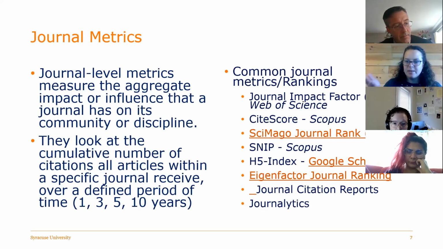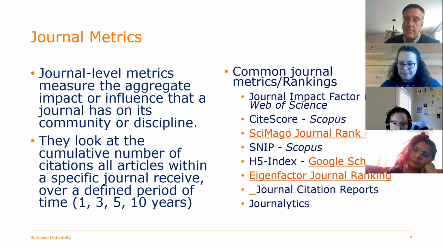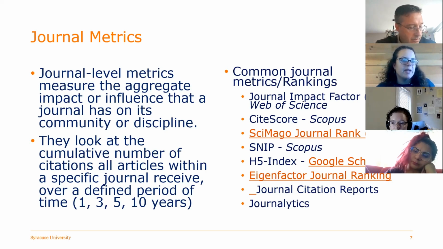That's why I also recommend to faculty typically to include another metric like impact factor or CiteScore, as well as the Google Scholar rankings, to show the difference between the two. I'm going to get to that a little bit later in the presentation, but I hope that answers the question a little bit.